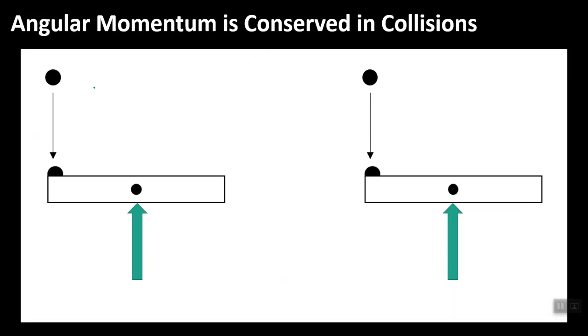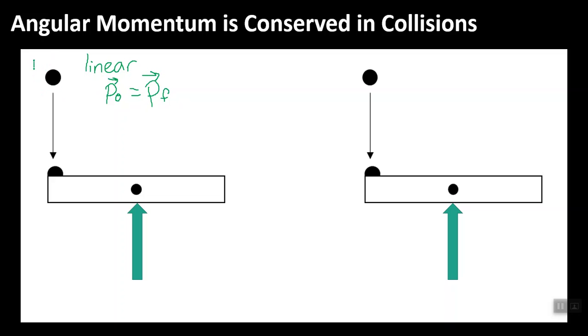So when we do have this object that is moving linearly and it hits an object that is fixed and is allowed to rotate, we can also look at this in terms of momentum and whether momentum is conserved. So let's start with linear momentum, and let's just summarize if linear momentum is going to be conserved in this collision. If linear momentum is going to be conserved, then that means the initial linear momentum of the system is going to be equal to the final linear momentum of the system.